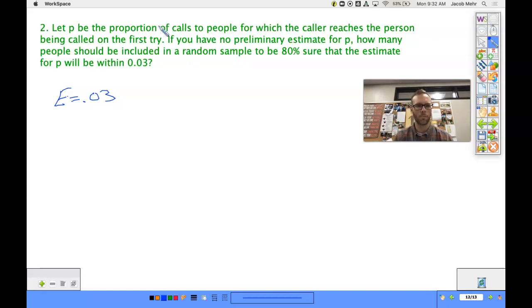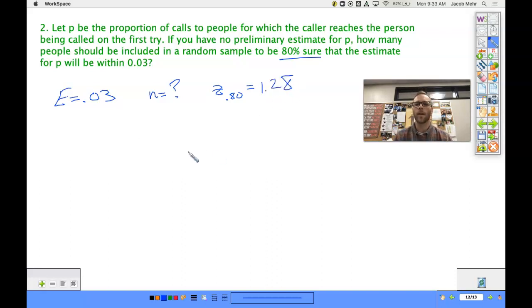Okay, so 0.03. We want to find N. Now, we're doing an 80% confidence interval. We don't do those very often. What's the critical value for 80%? Well, that one is on my table, so I'm just looking at the standard normal table in the back of the book. 80% is on there at 1.28.